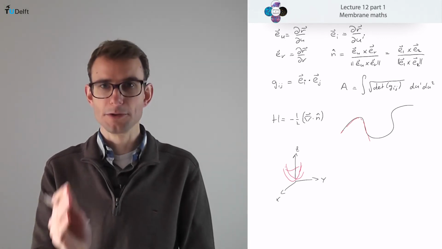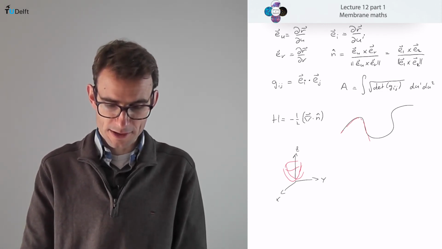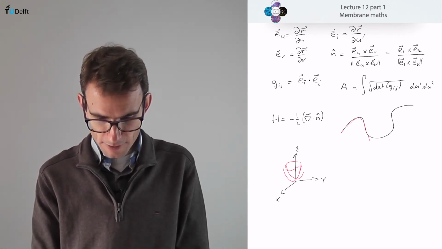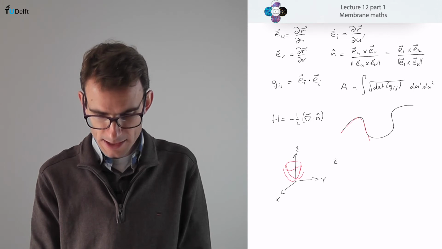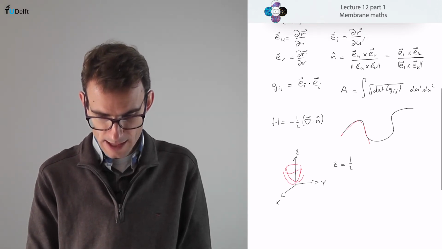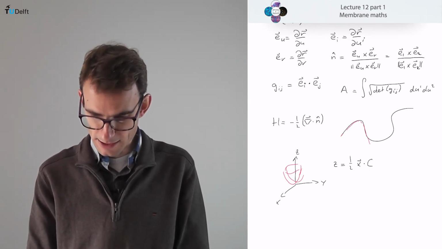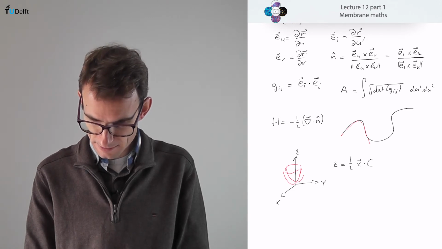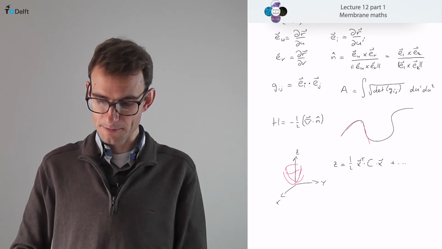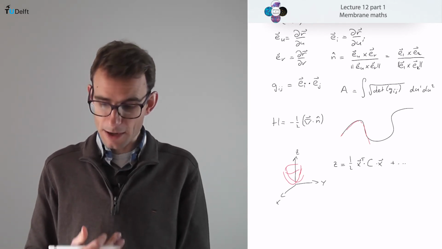If you rotate it around the z-axis, it's still a parabola. If this parabola has its 0 at 0, then locally the z-coordinate will be given by a half times x, where x is now in the xy plane, dot some matrix, or actually a tensor C, dot x, plus, of course, higher order terms. So this is similar to the parabola in 1D, but now we have 2D.